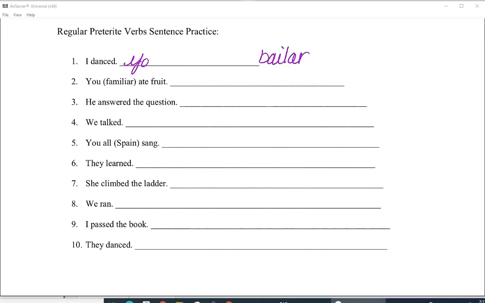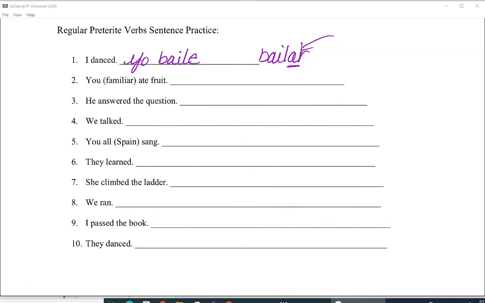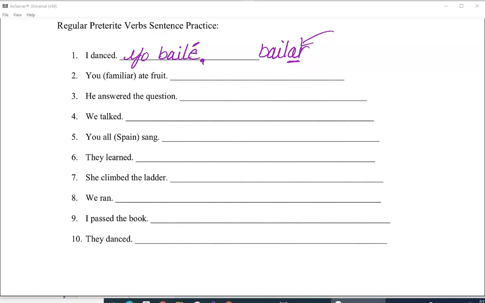So we start with the infinitive bailar, then we drop the ending. So I'm left with B-A-I-L. And since it's first person singular, and we really have to pay attention to this ending, it's an AR ending, we know that our first person singular AR ending is the letter E with the accent. Yo bailé.